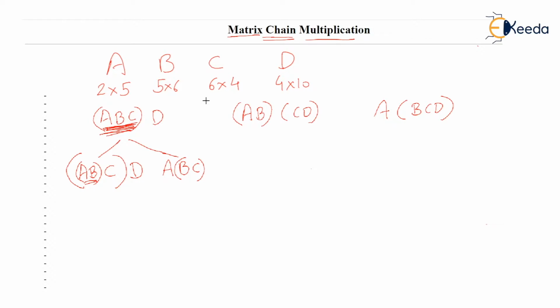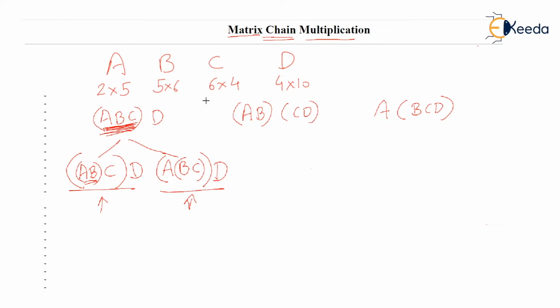But you are still saying that you are going to do the ABC operation first. So I am putting this outer bracket and then finally D. So there are two ways in which you can do ABC first and then multiply it with D.